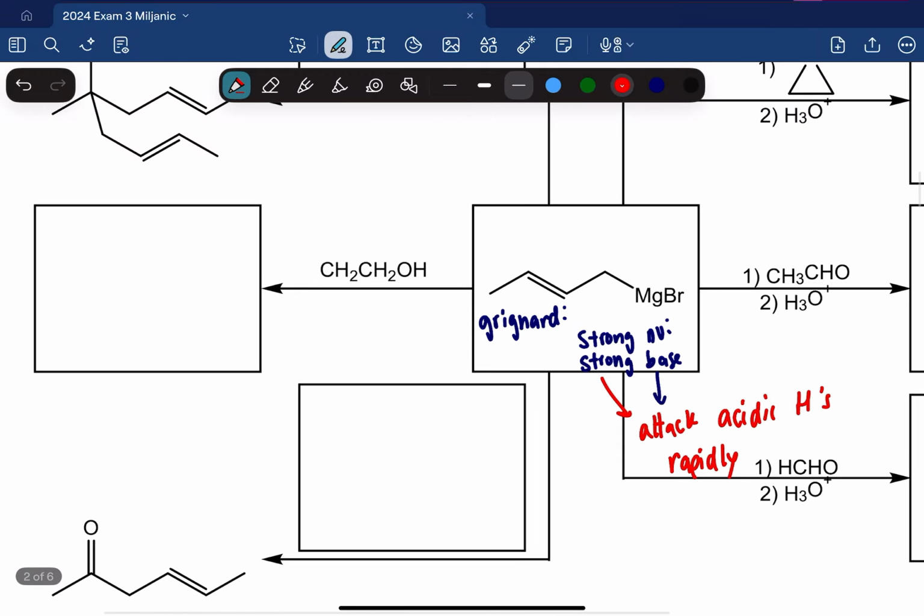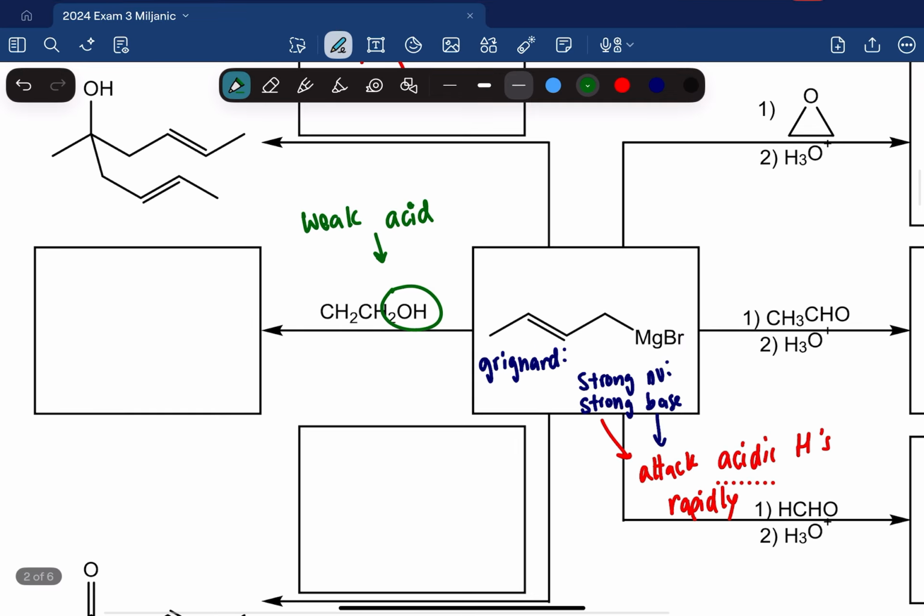So in this structure on the left here, we see we have an OH. This is regarded as a strong acid. Oh, let's not call it a strong acid. We'll call this a weak acid. Just because of the fact that it does result in O-, which is decently stable.